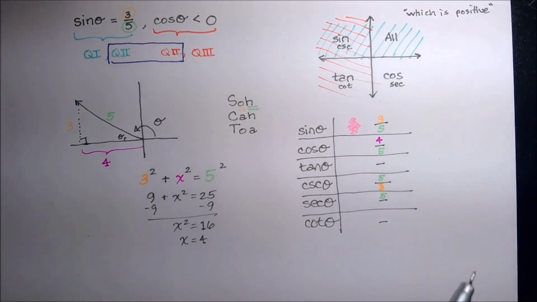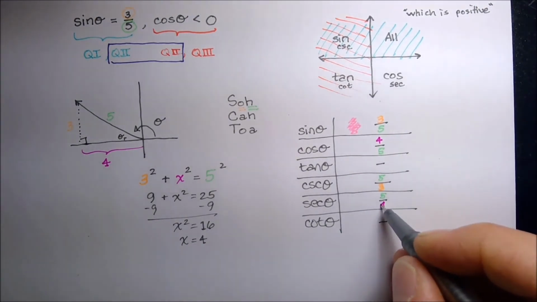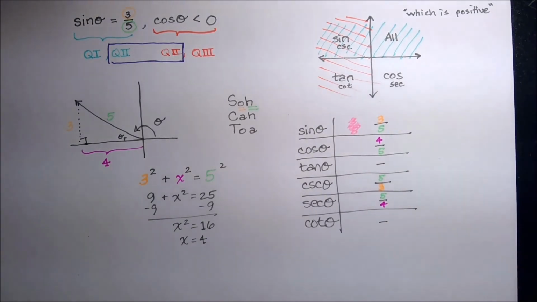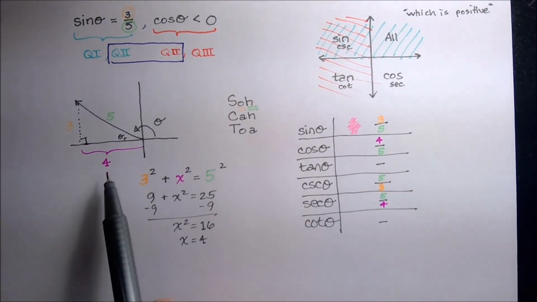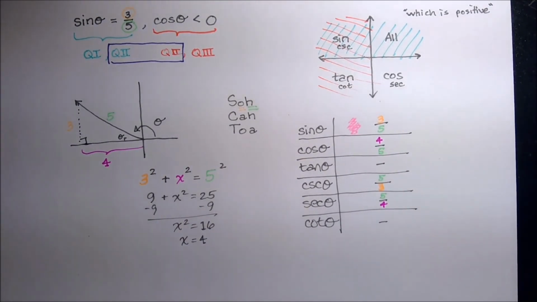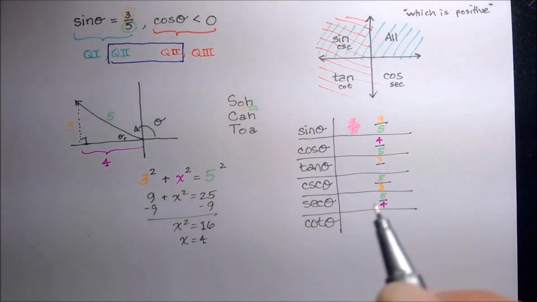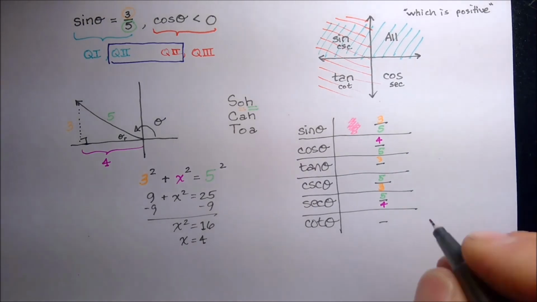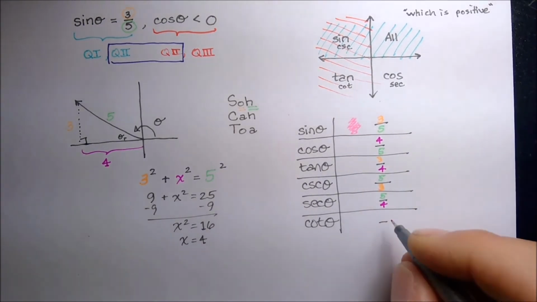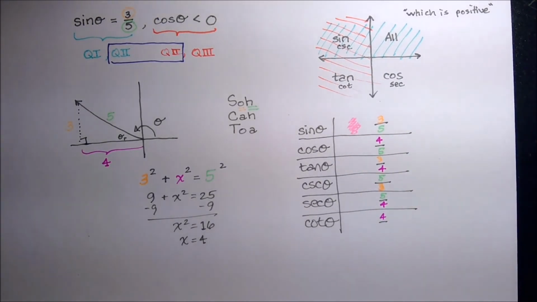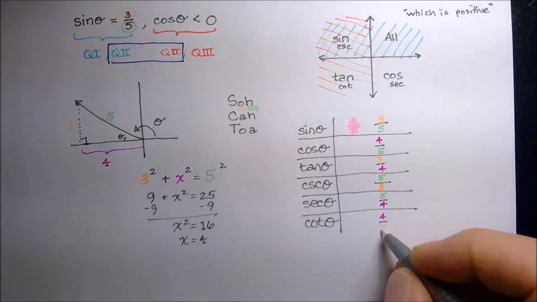So that's 5/4. And then the only one left is tangent, and then we can do reciprocal for cotangent. And then we're looking at SOHCAHTOA here, right? So opposite over adjacent means we should have 3 over 4 for tangent, and then 4 over 3 for cotangent.